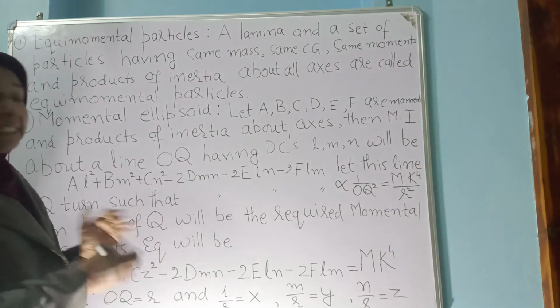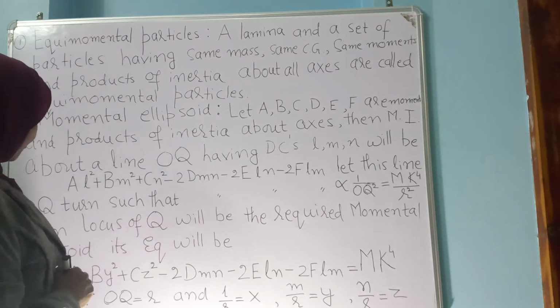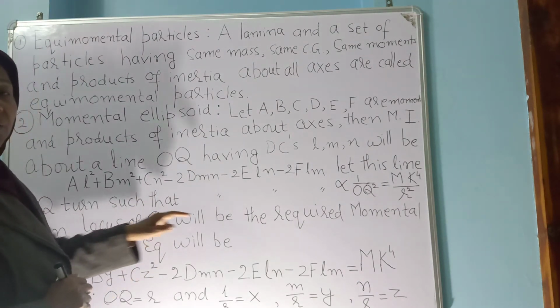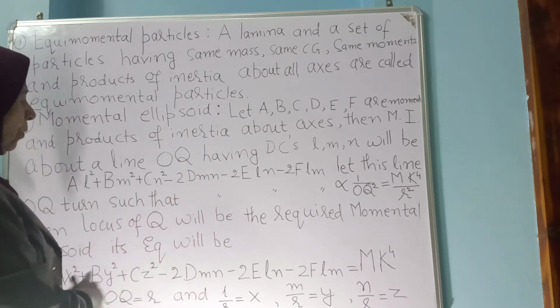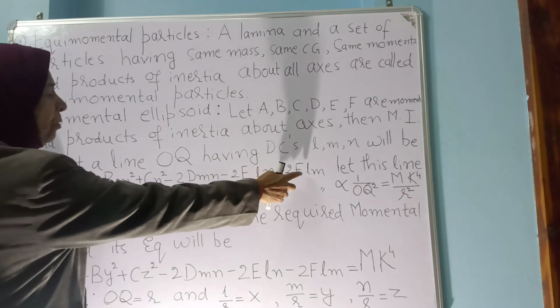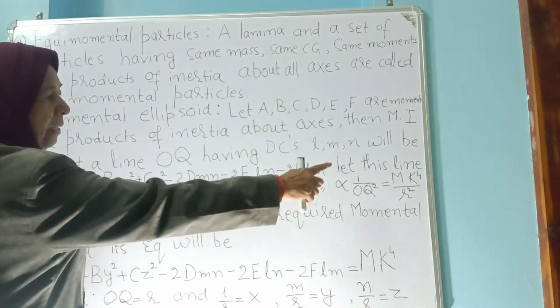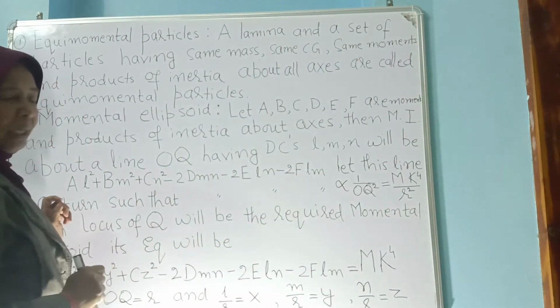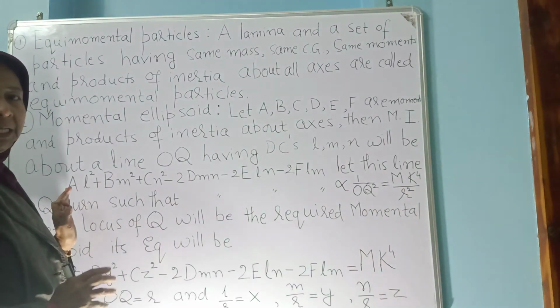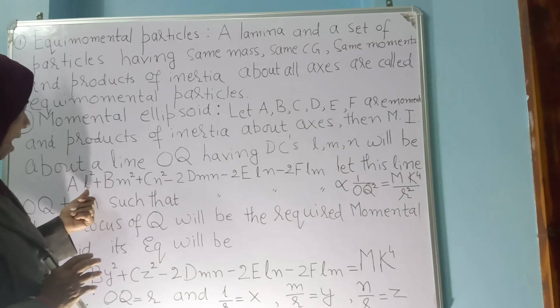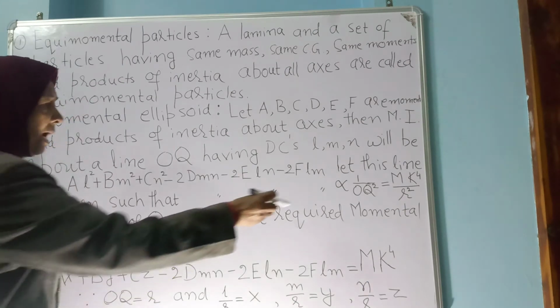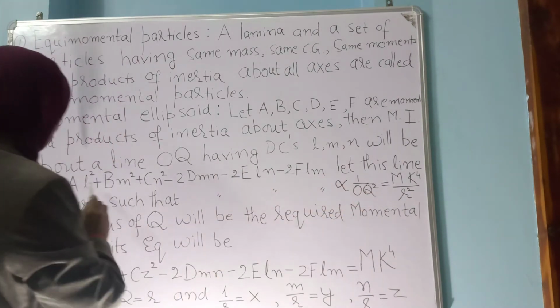How? Let us see. So the locus of Q will be the required momental ellipsoid. You know that this is equal to M k to the power 4 divided by r square. Multiply the left hand side as well as the right hand side by r square.